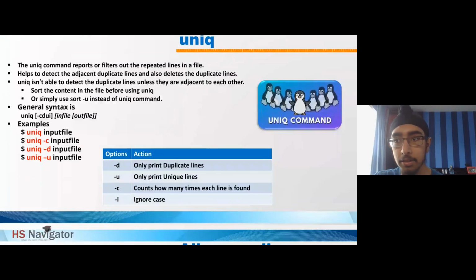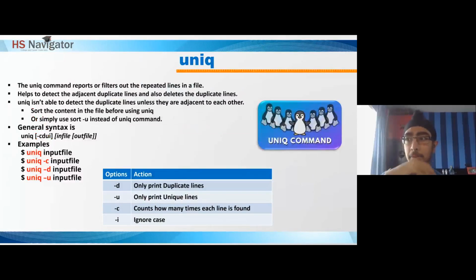The uniq command is also kind of self-explanatory: it reports or filters out repeated lines. It basically gets the unique lines in a file, with a bunch of options you can add as well. It helps detect adjacent duplicate lines and deletes them, but it's not able to detect duplicate lines unless they're adjacent, which is an important contingency you have to know.